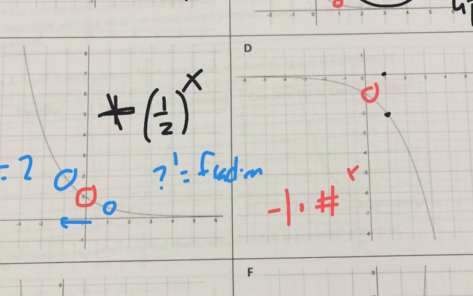What am I getting? I'm getting -2 in total. Right, but this negative is taking care of that out here. And then if I raise it to the second, I'm down to a 4. So that's going to be -1 times 2 to the x.